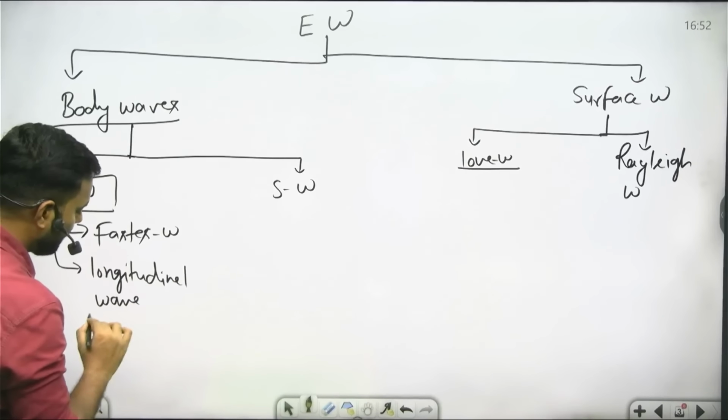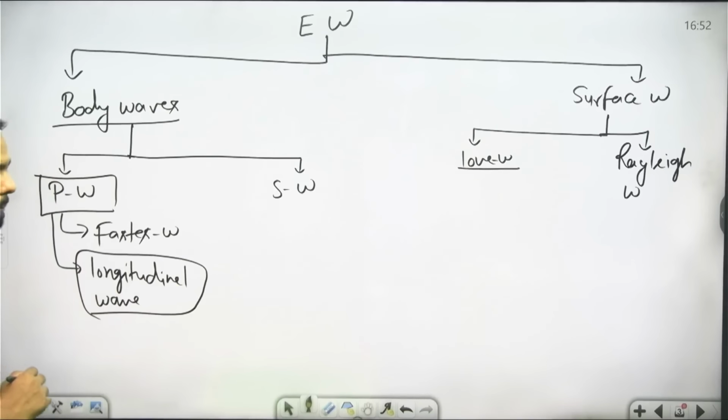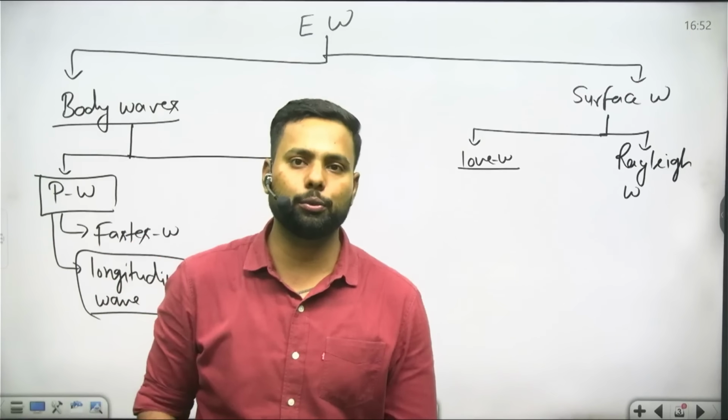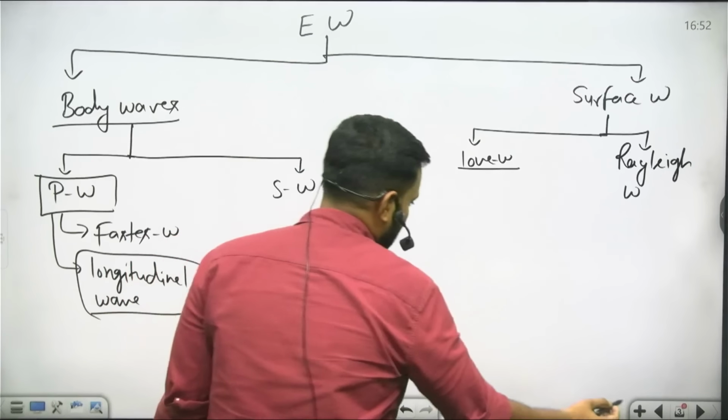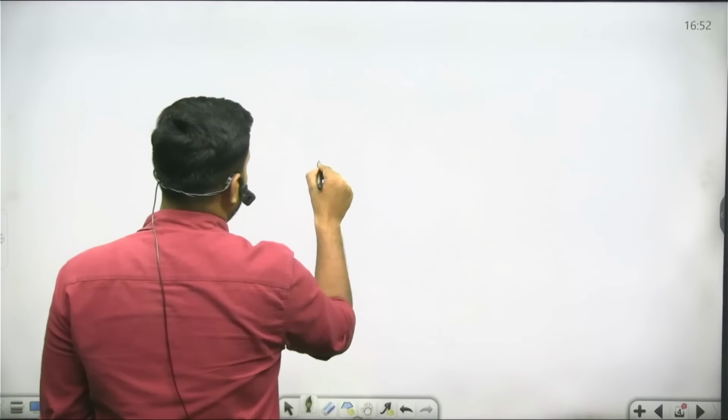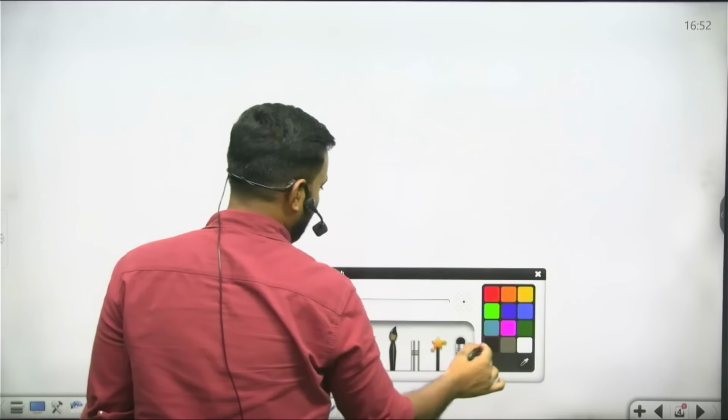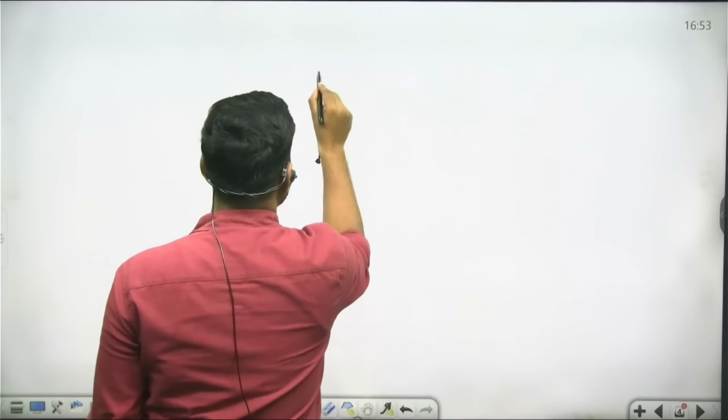What do we mean by a longitudinal wave? The wave which moves parallel to the path of energy propagation. अब जरा समझो भाई इसका मतलब क्या होता है. Suppose that this is the focus and energy travels in all the directions.